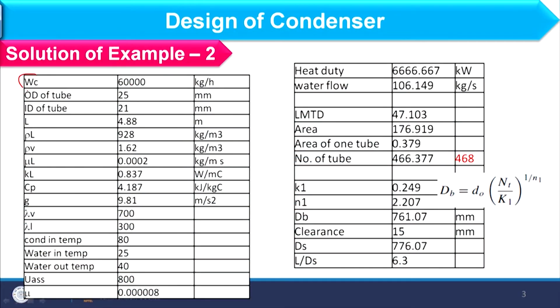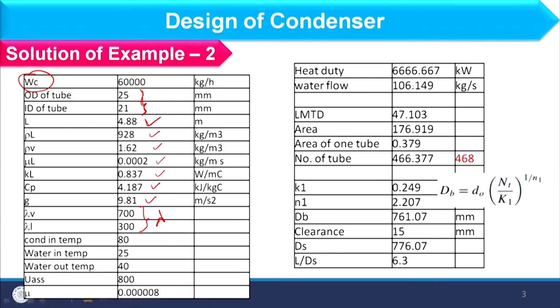We are given the condensate flow as 60,000 kg per hour, the OD and ID of the tube, and the total length of the tube as 4.88 meter. The density of liquid and vapor, viscosity of liquid, thermal conductivity of the liquid, specific heat of water, and the G value are given along with the enthalpy of vapor as well as enthalpy of liquid.